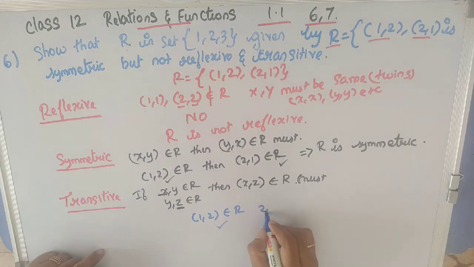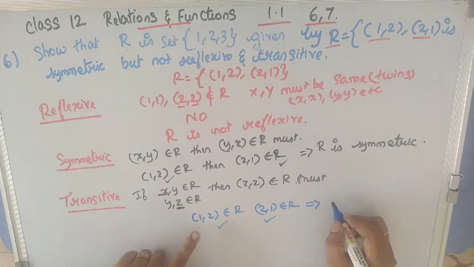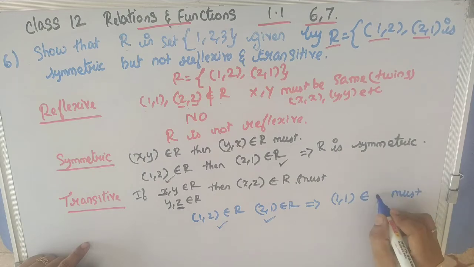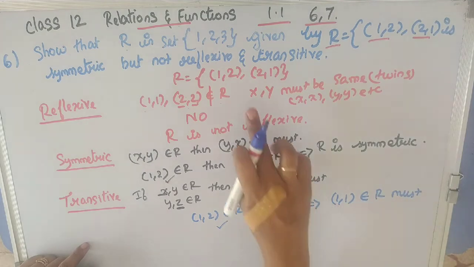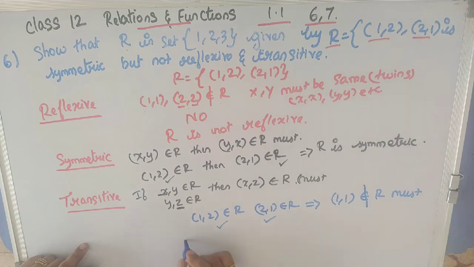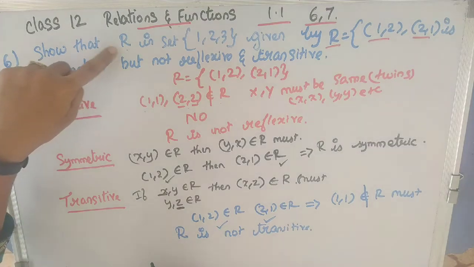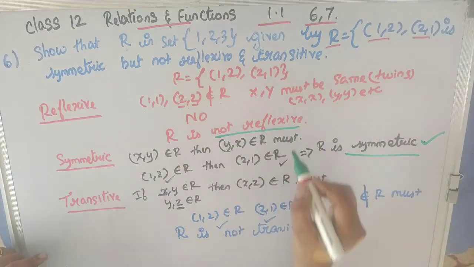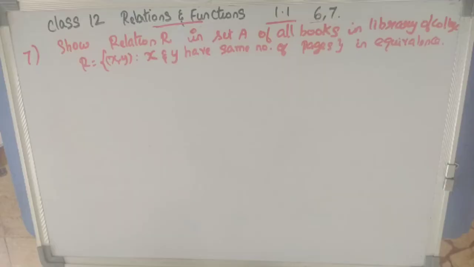That is (X, Y). Then (2, 1) is an element of R. Yes, it is also true. Then (X, Z), that is (1, 1), is an element of R. Is it so? No, (1, 1) is not an element of R. Therefore, this relation R is not transitive. Clear? (1, 2) and (2, 1) are elements of R, but (1, 1) is not an element of R. Therefore, the relation R is symmetric but not reflexive and not transitive. So we have proved what is asked in the question, isn't it?